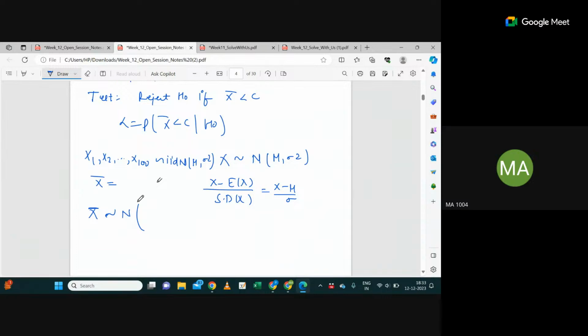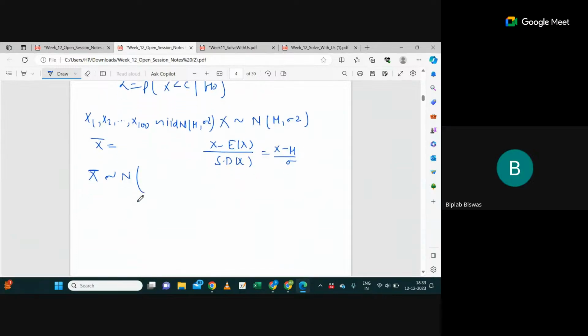Or what will be the expected value of x bar? In this case it should be mu. How will you get mu? It is the addition of all the values divided by the number of samples.